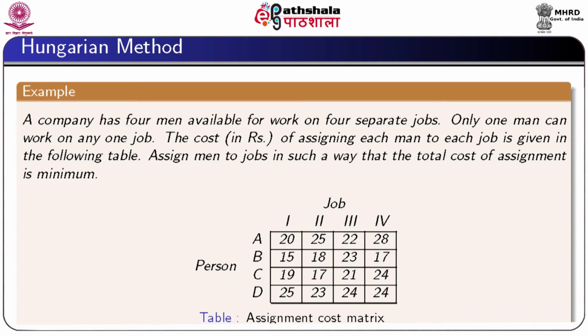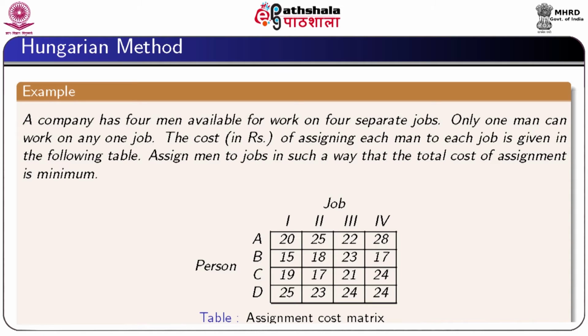Let us now demonstrate this procedure or method with an example. Suppose that a company has 4 men available for work on 4 separate jobs. A, B, C, D are the 4 men, and the jobs are 1, 2, 3, and 4 as shown in the following assignment cost matrix.